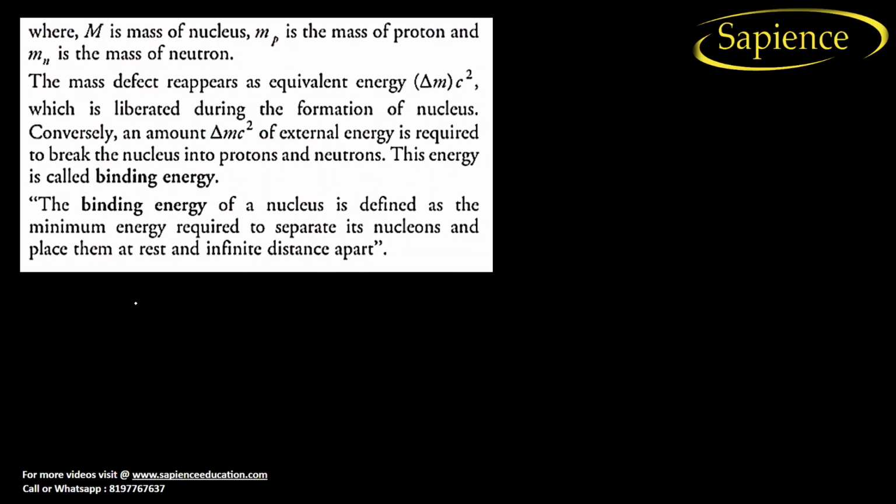Now, one more thing: M is the mass of the nucleus, mp is the mass of the proton, and mn is the mass of the neutron. This mass defect reappears as an equivalent energy, that is Δmc squared, which is liberated during the formation of the nucleus.